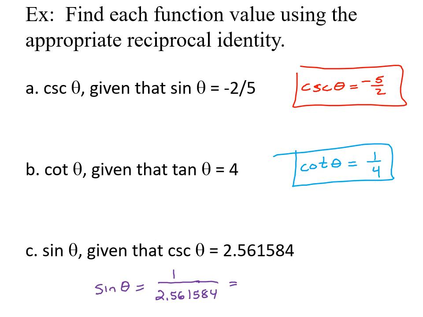So 1 divided by that gives you 0.3903383. I'll try to go the same amount of decimals anyway that the original problem had. Be careful on the homework though. They will ask you to round to various different things. It might say round to 6 decimals, 7 decimals, 5 decimals. So if you don't round it correctly, it won't give you credit for it. So be real careful on that.